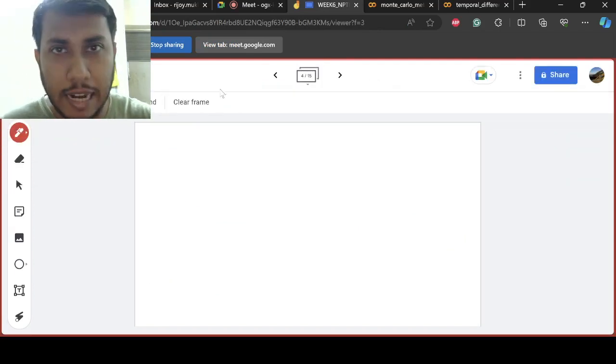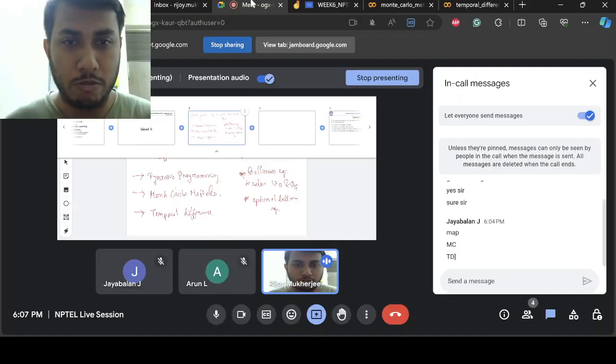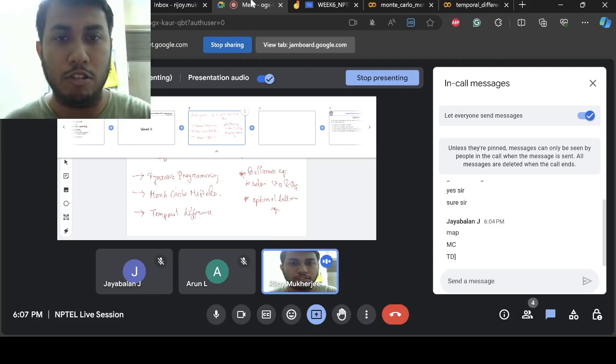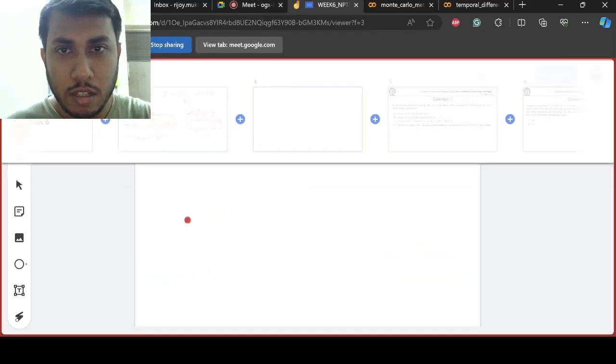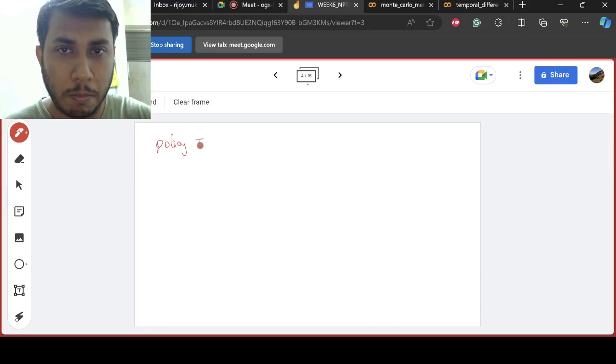I'm generalizing all three of them together, so that this picture of all the algorithms will be very clear to you. Now you have been given an arbitrary policy pi.